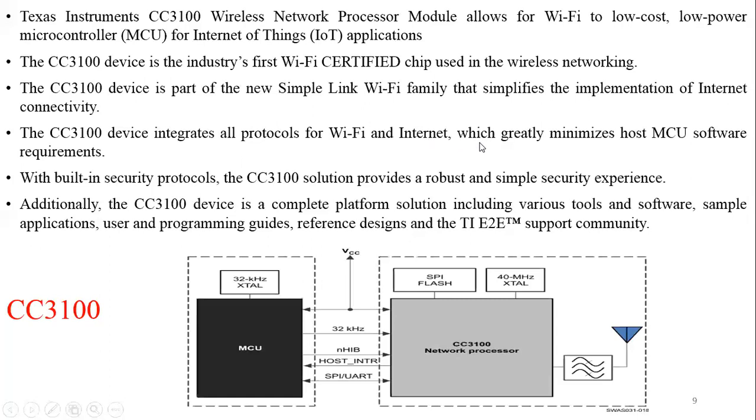So if you are interfacing to a microcontroller, it requires less software for the microcontroller to access these features. And this CC3100 is more secure, with a robust and simple security experience.